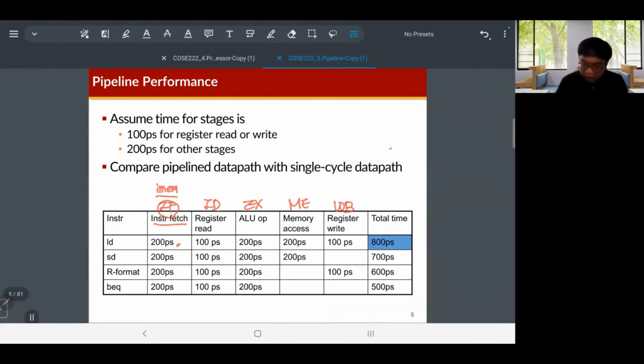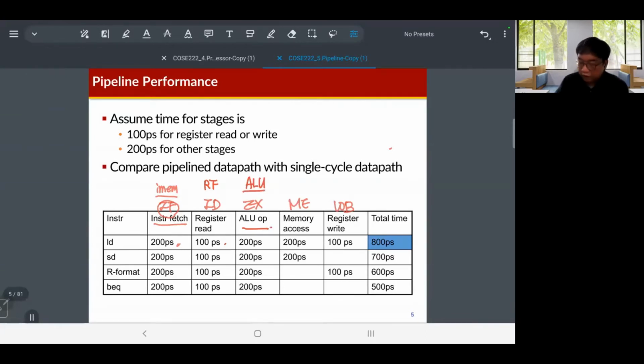And then for the instruction decoding stage, we need to use the register file for reading operands from registers, right? Let us assume that the delay of the register file is 100 picoseconds. During the execution stage, we need to use the ALU.